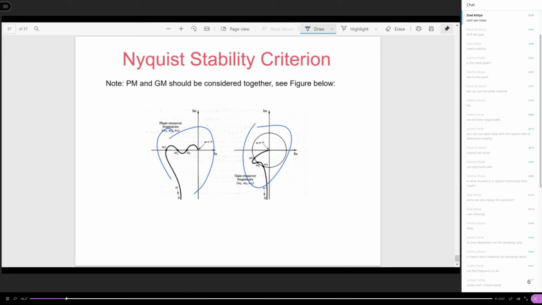See, in this figure, it shows clearly. Look at the right figure first. What does it show? If you look at the gain margin, you see the intersection between the Nyquist plot and the real axis.